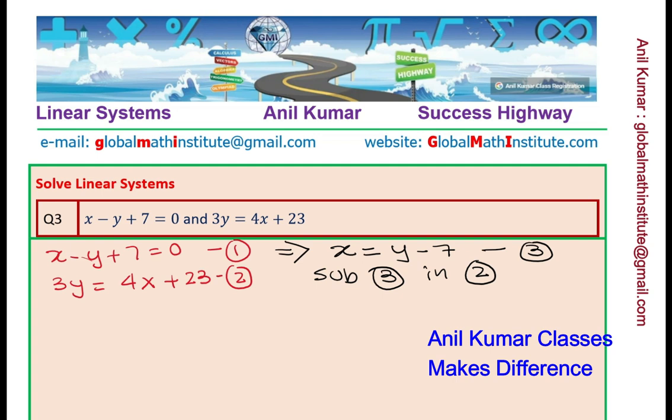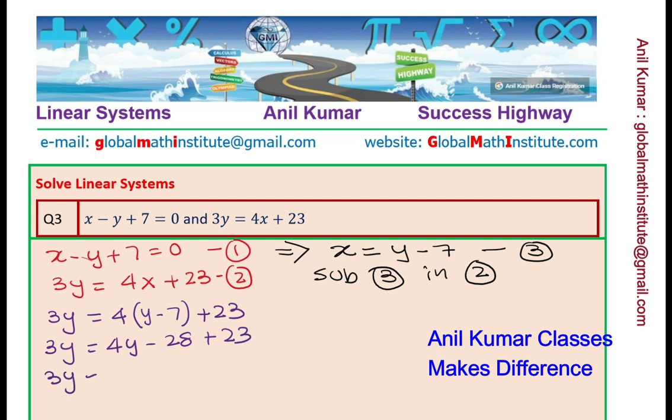Substituting the value of x, we get 3y equals 4 times, within the bracket, y minus 7, plus 23. So let's expand. 3y equals 4y minus 28 plus 23. So 3y, bring y's together, equals minus 28 and 23 becomes minus 5, right?